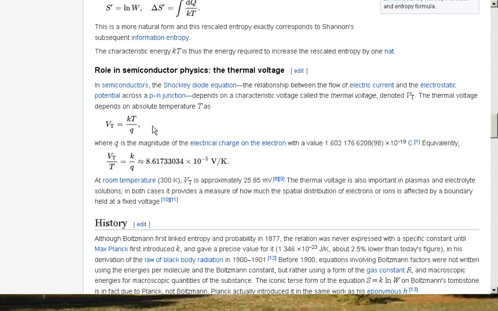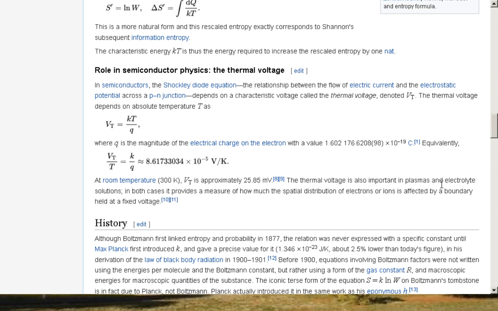K, I'm assuming, is Boltzmann. At room temperature, Vt is approximately 25 millivolts, at 300 degrees Kelvin. It equals kT over q.